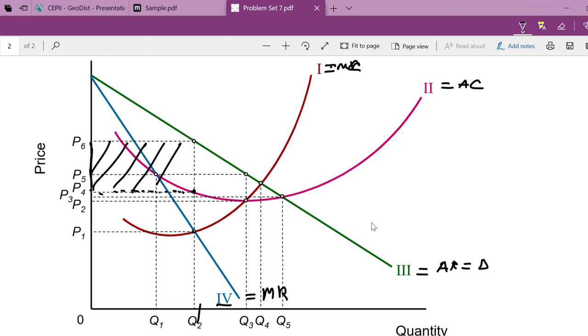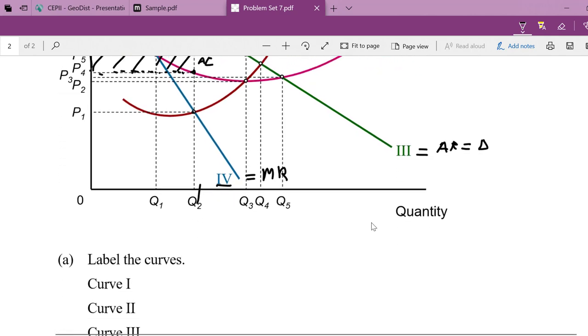This is the profit area shaded. Price minus average cost gives us profit. In the long run, the U-shaped average cost curve would be tangential to the average revenue curve. Usually, keep that in mind, guys. But this is the short run position.